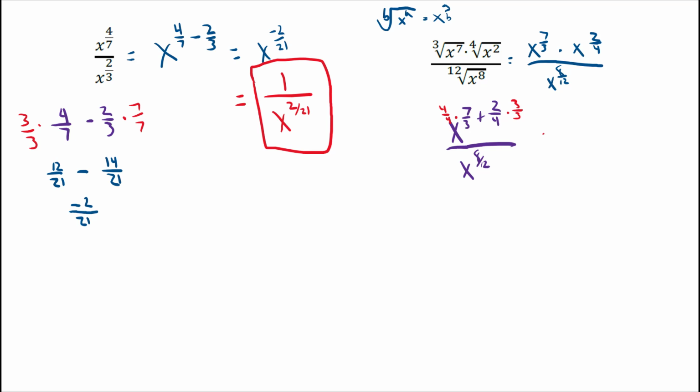That gives me an x up top, and then 4 times 7, which is 28/12, plus 2 times 3 is 6, and 4 times 3 is 12.